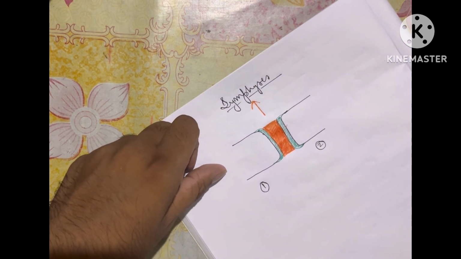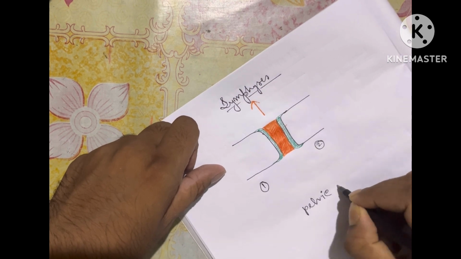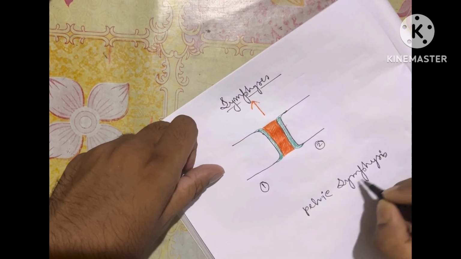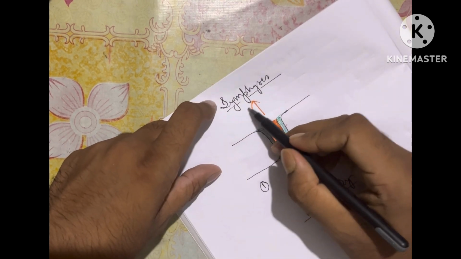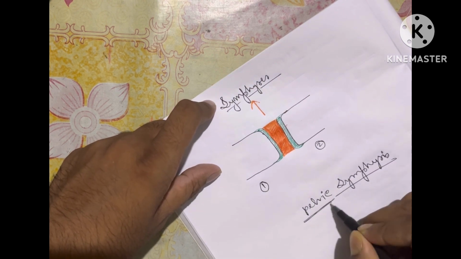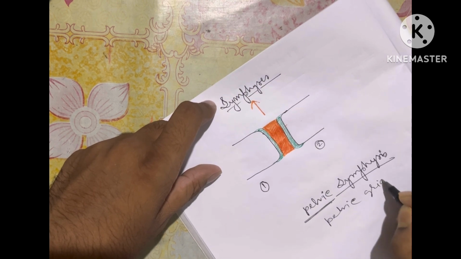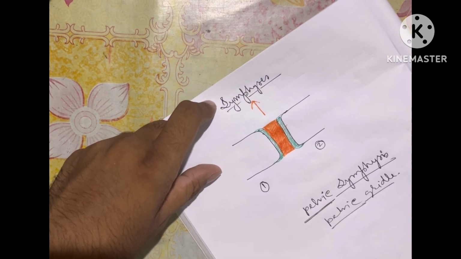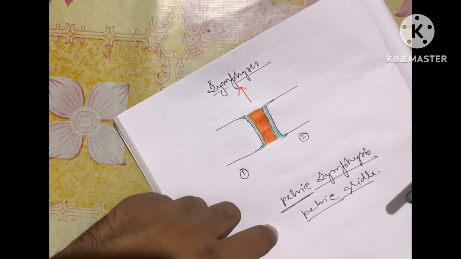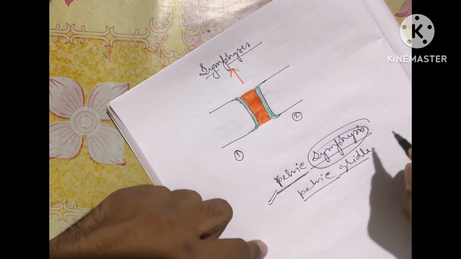One of the major examples is the pelvic symphysis. This is one example, or we can call it the pelvic girdle or the hip bones, where it's connected. Pelvic symphysis is one of the major examples, and as the name suggests, it's a symphysis.